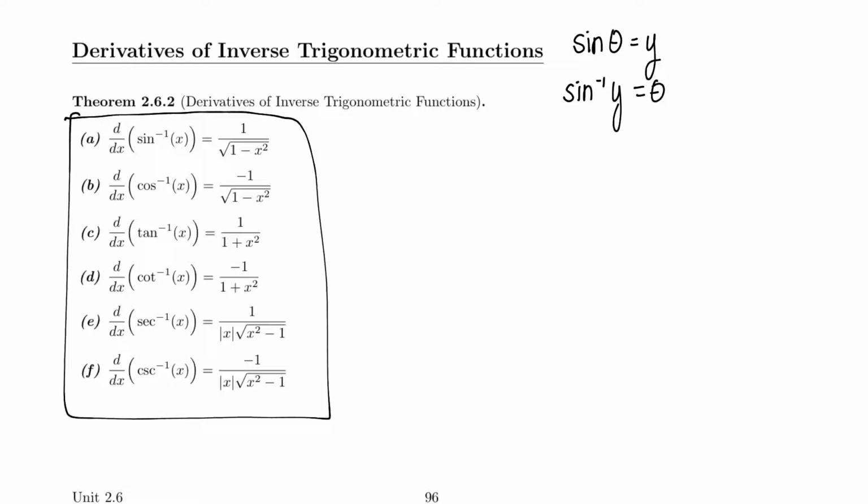So essentially, trig in general just shoots out a number. Inverse trig outputs an angle.